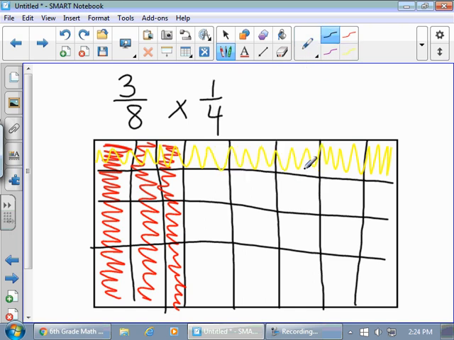Now, how many squares are shaded by yellow and red? 3. And how many total squares do I have? 32. So 32. You may have a question on that one.